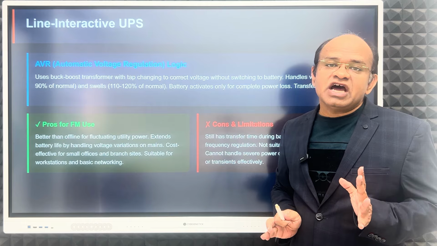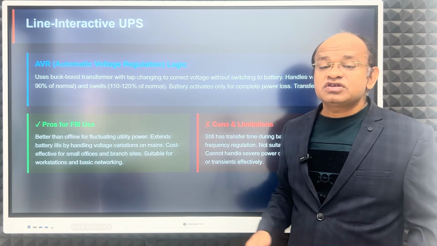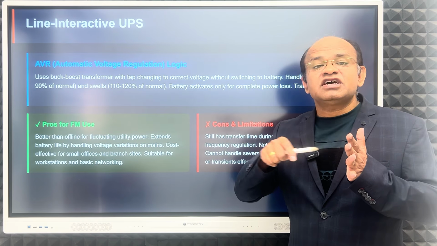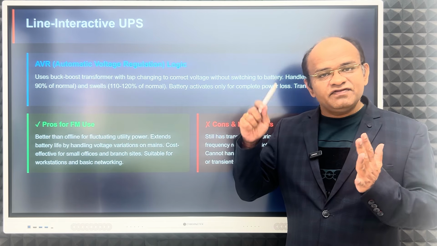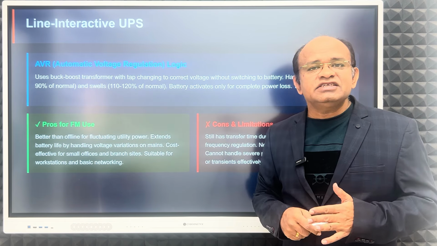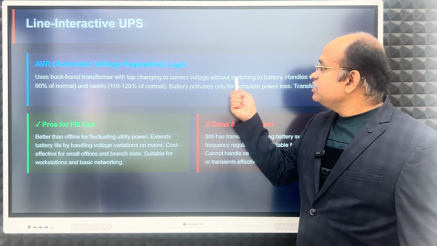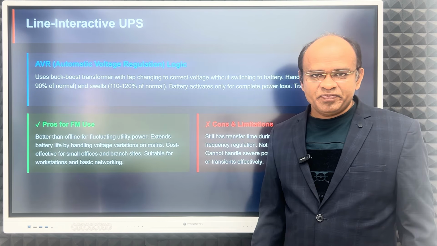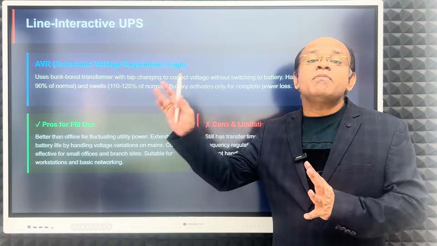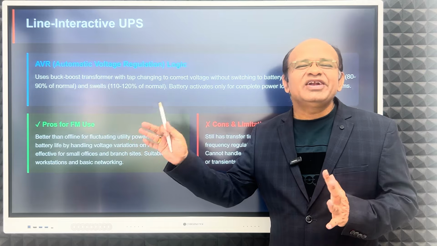If voltage goes down, it will switch the transformer so that it can boost the voltage. If it is going up, it will buck it. So that is without switching to the battery. So the load is still on raw power, or electricity board power. We call it raw power.